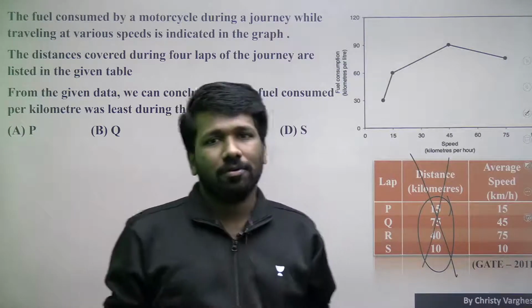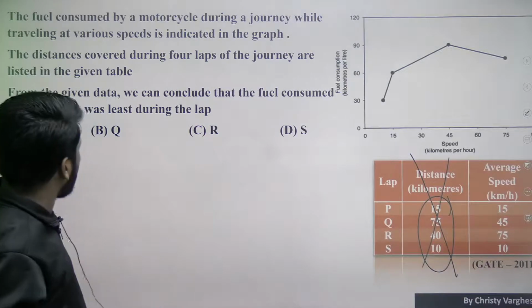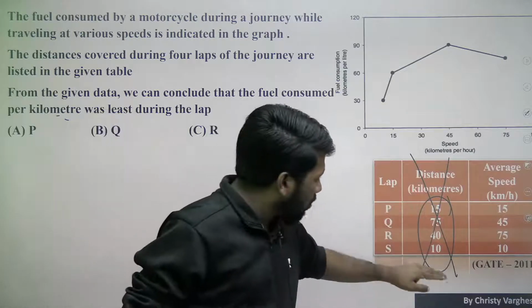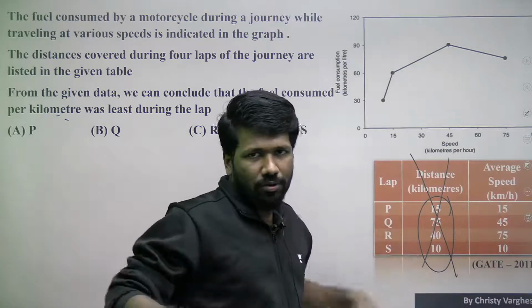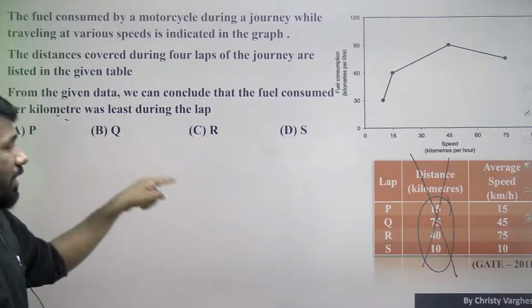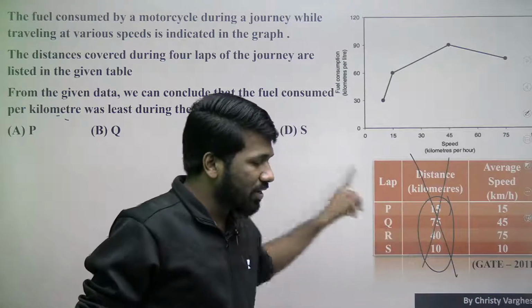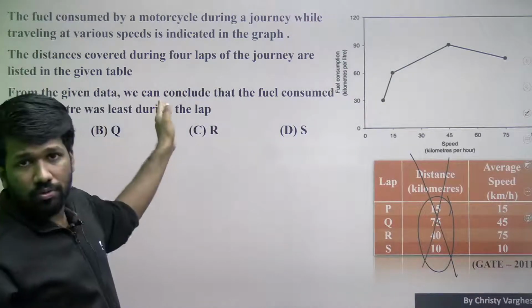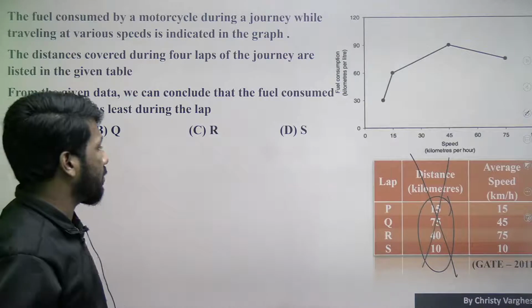Unit price is not going to change. Here the unit, how much fuel for 1 kilometer, is asked. So how many kilometers traveled in that lap is not going to change anything. That would change if per kilometer was not there. Then this would have relevance. But currently it does not have relevance due to per kilometer mentioned in the question.